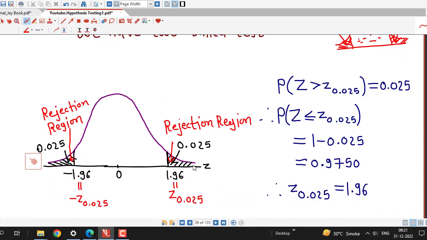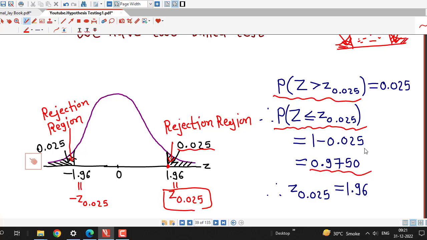And as I discussed, now I know that if I consider probability that Z is greater than Z 0.025, then it is this area 0.025. This I can rewrite as 1 minus probability that Z is less than or equal to Z 0.025, and therefore this is going to be 0.9750, which I just explained in the beginning.